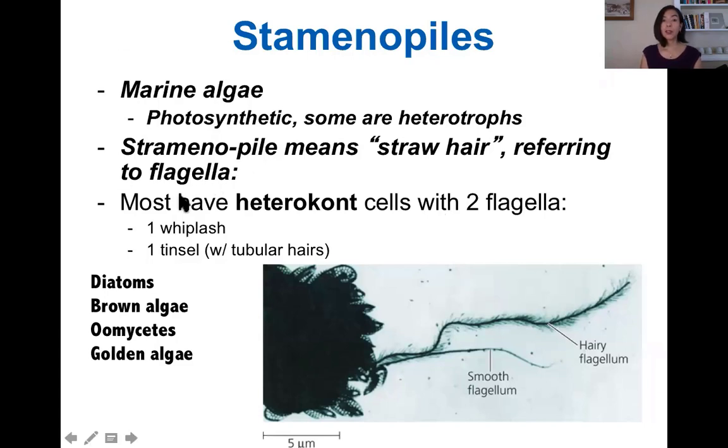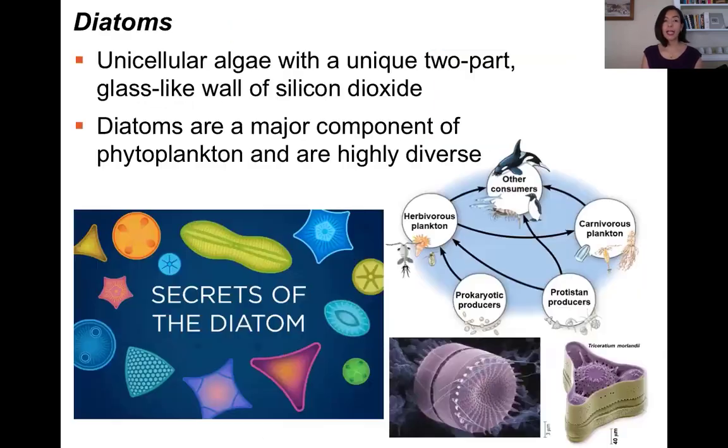They have heterokont cells, and they have 2 flagella. Some of these flagella can be whiplash, and the others tinsel, or just tinsel. You can see one of them is smooth, and the other one is hairy. Examples of these are diatoms, brown algae, oomycetes, and golden algae.